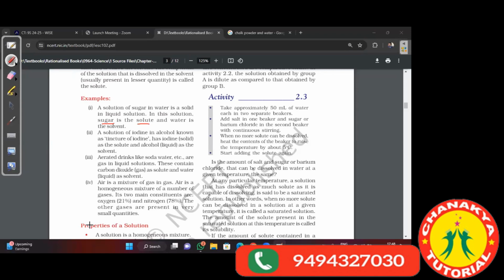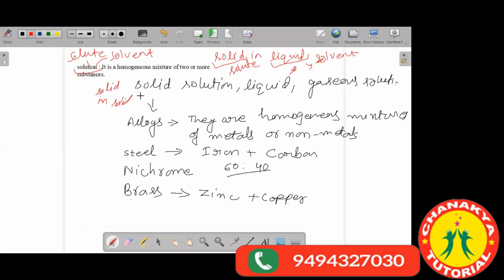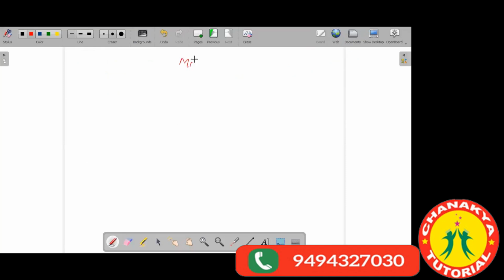So first of all, let us see what are the different properties of a solution. Let's remind ourselves that when we defined a solution, the solution is a homogeneous mixture of two or more substances. So we are actually here classifying the mixtures under different categories.